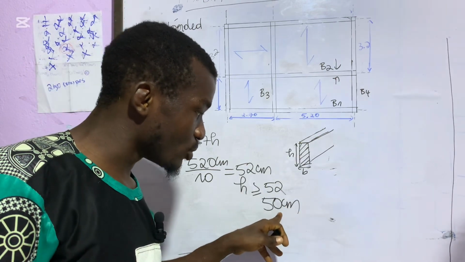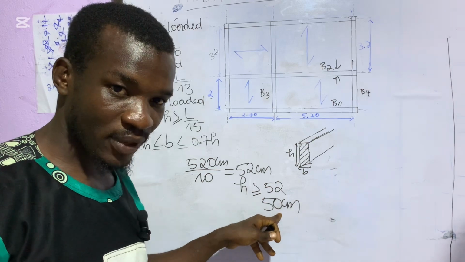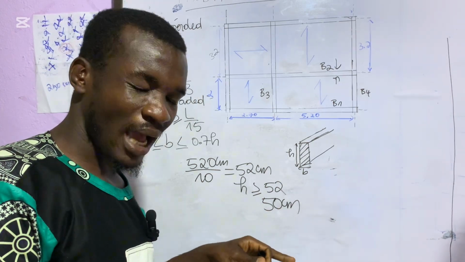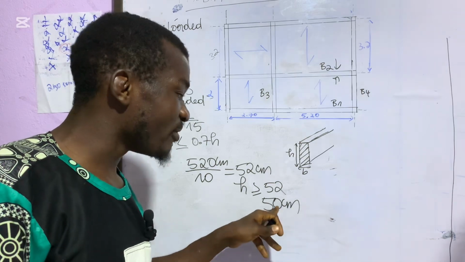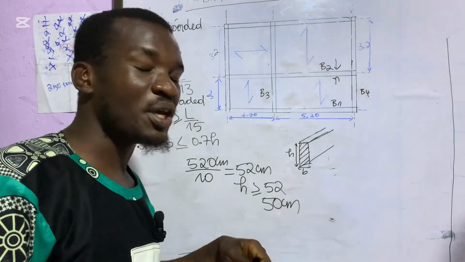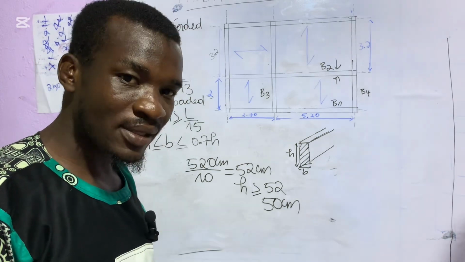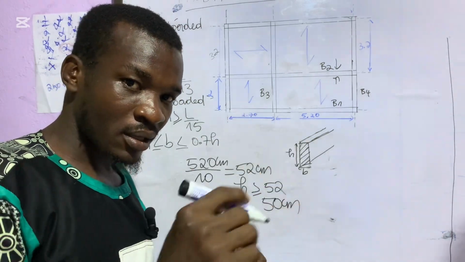So we'll first use this 50 in our robot, for example, and if the 50 does not work, then we'll go maybe to 55. But we are trying to minimize and avoid over-dimensioning.